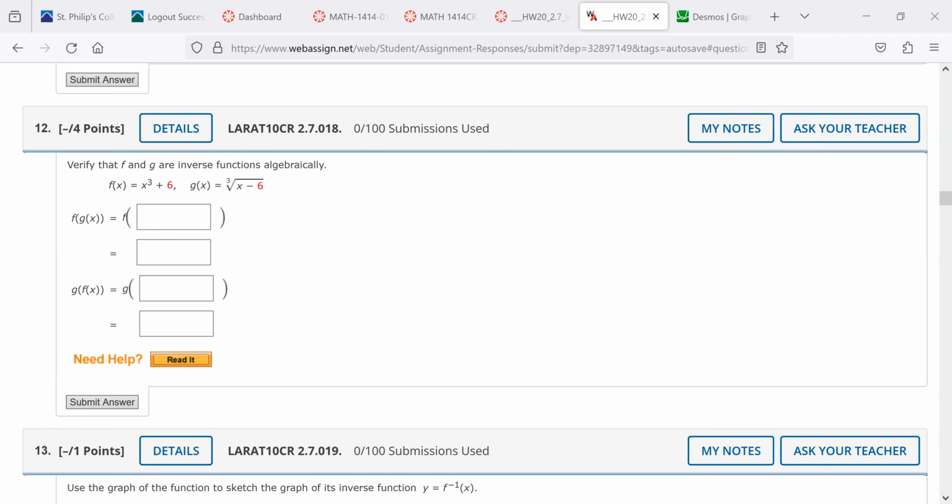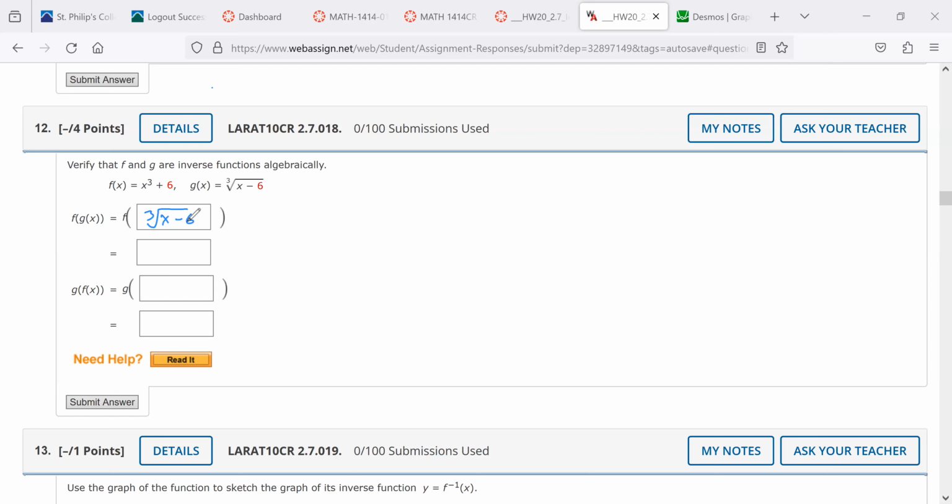Okay. So here he wants to do it in steps. So plug in g into f. They already did that part for us, so just plug it in. So what would that be?